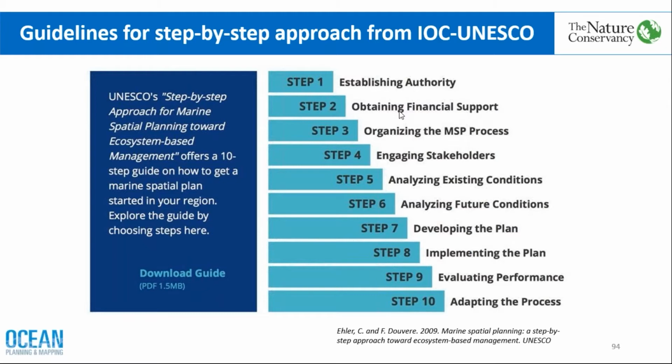What's not really implicit from this diagram is that steps 1 through 7 focus on the conditions and processes necessary to develop our plans and our scenarios for ocean space, and then steps 8 through 10 go into the implementation of those plans. And I think that's significant to note, especially when we consider the capacities for each.